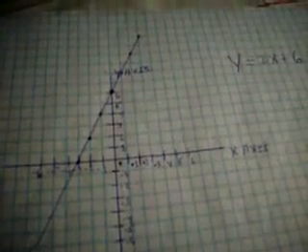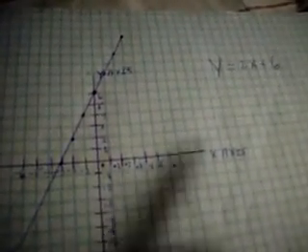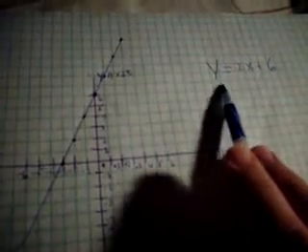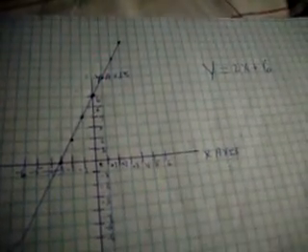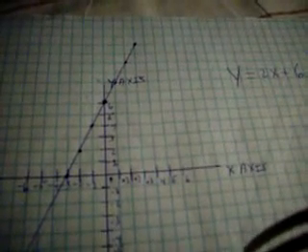Alright, so what is mathematical slope? Well, I'm sure you remember me talking about this equation right here, y equals 2x plus 6, in a previous video. And hopefully you've watched all my videos so far, and if you haven't, shame on you. Okay, but anyway, slope is a ratio.